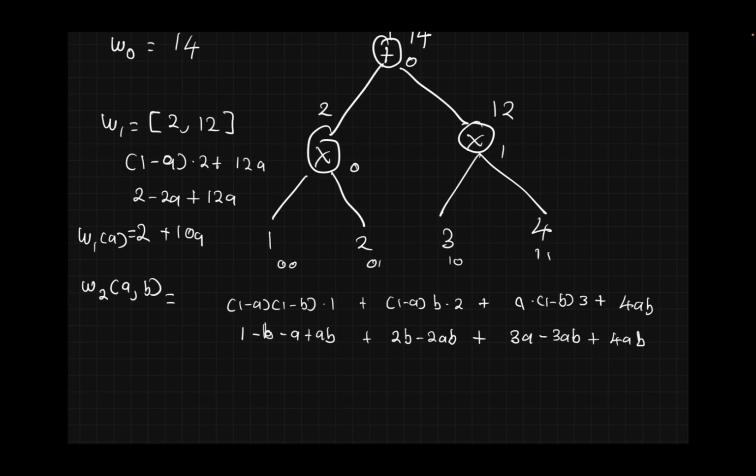Collect like terms. Constant. Is there another constant? No. Then minus B. Is there any other thing that has just B? Plus 2B. Is there another thing that has just B? Minus A. Is there another thing that has just A? Plus 2A. AB cancels out.